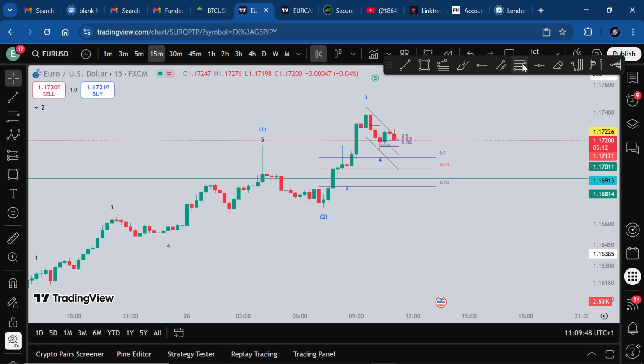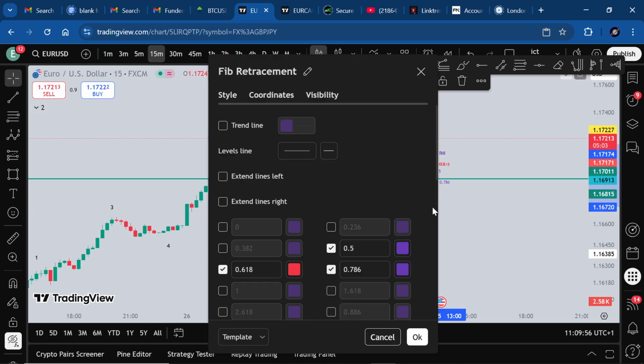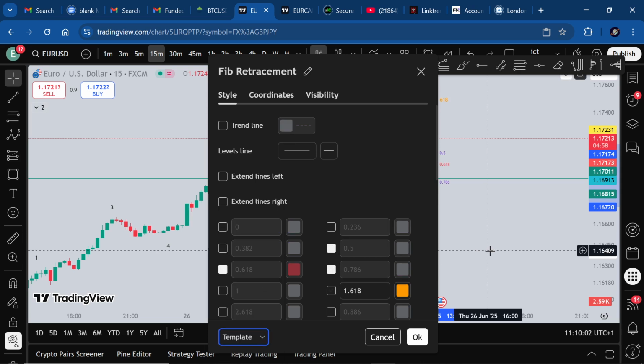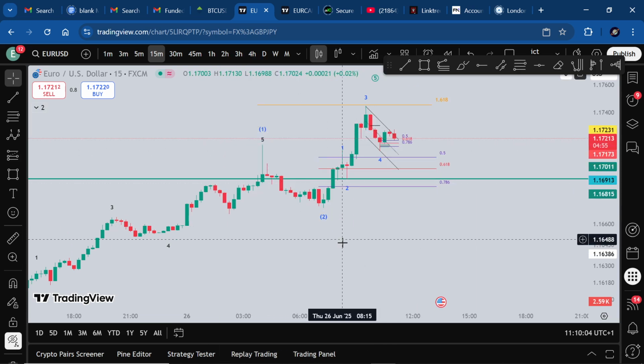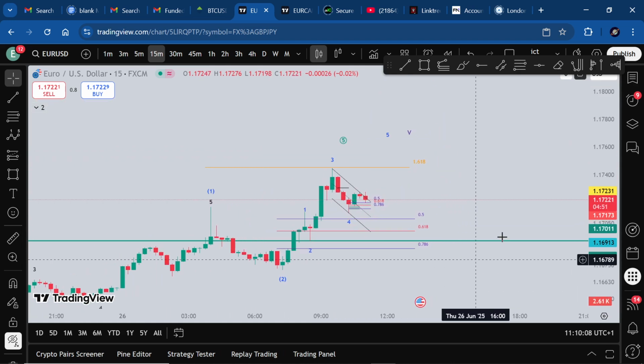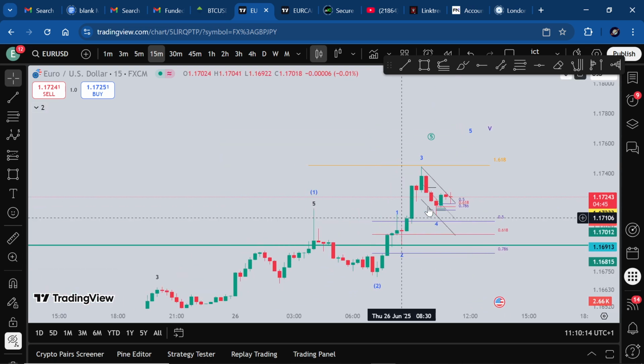I've spotted one thing. I don't believe it's the case, but it's definitely worth pointing out. We have a potential over A, B, C here, as in this being the A, this being the B, and we're coming down for a C. And if you observe, we came real close to the 1.618 and didn't hit.